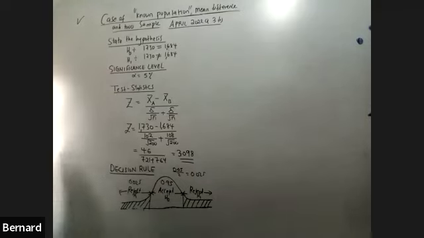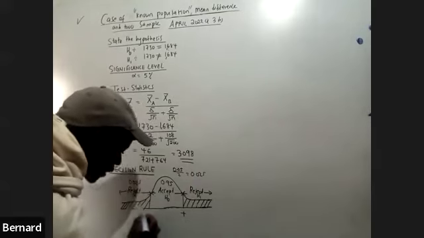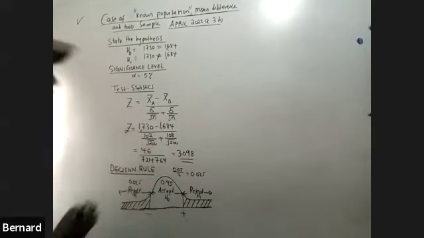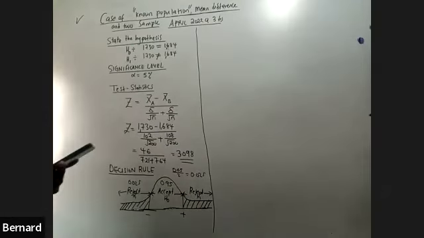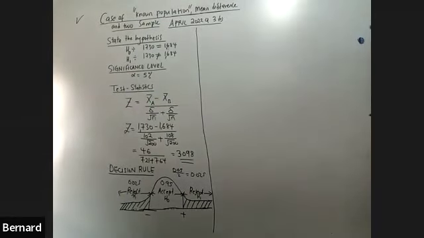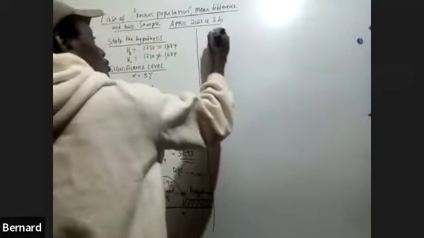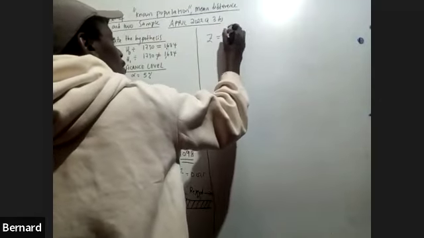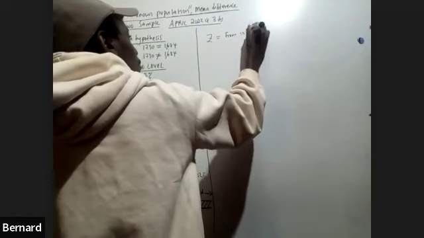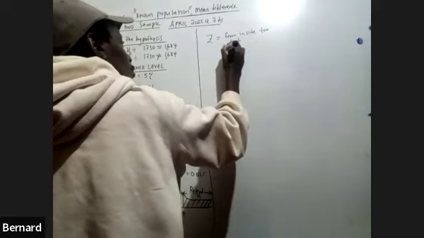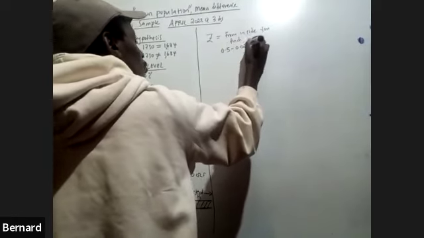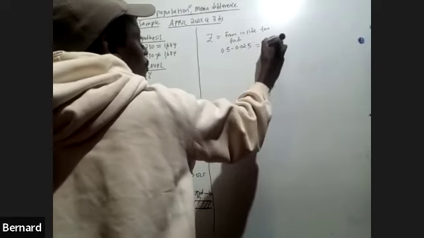We need to find the figure in the table. Tunatumia the Z table. So from our Z table, unaenda kwa table yetu. From inside, you find this figure, which is 0.5 minus 0.025, ya katikati.